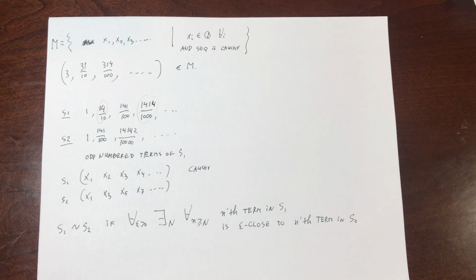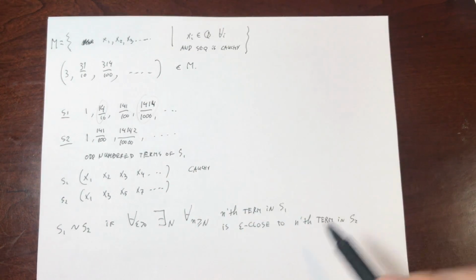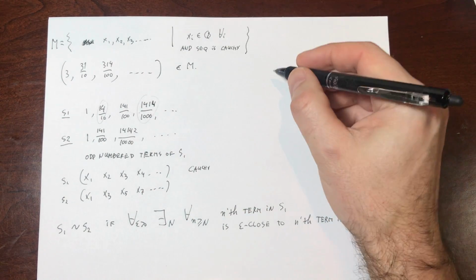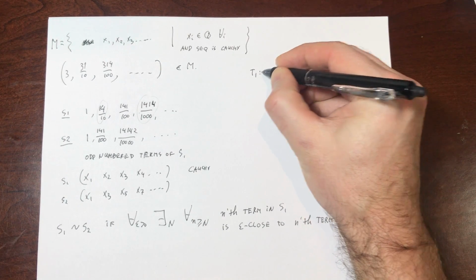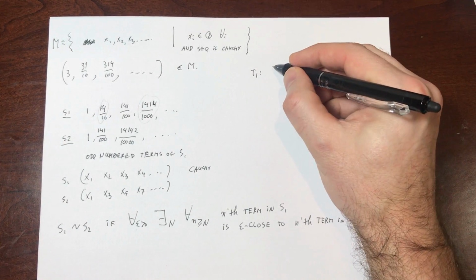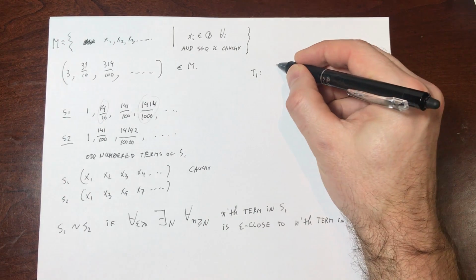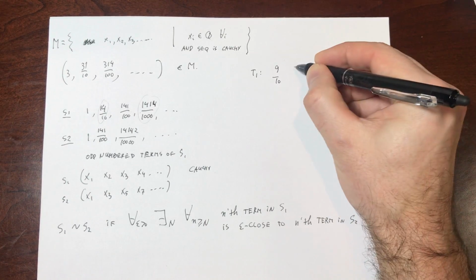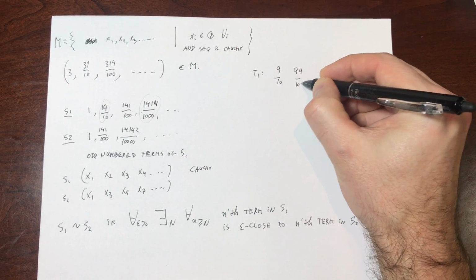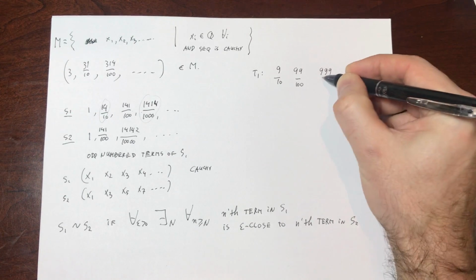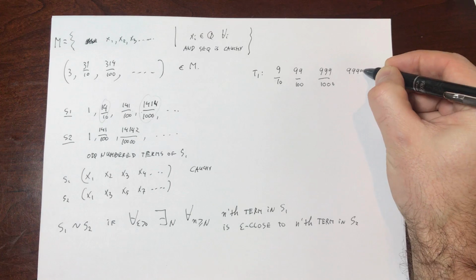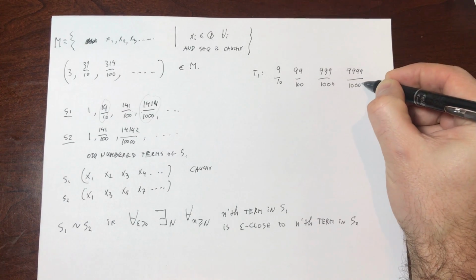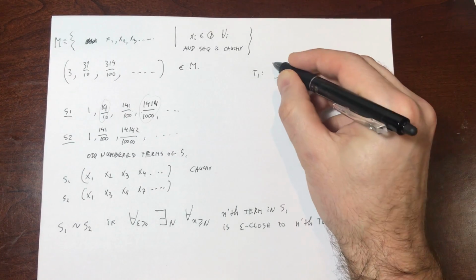So let's give an example. Maybe a little bit of an easier example. Let's say sequence T1 is this: 9 over 10, 99 over 100, 999 over 1,000, 9999 over 10,000, and so on. Hopefully you see the pattern.